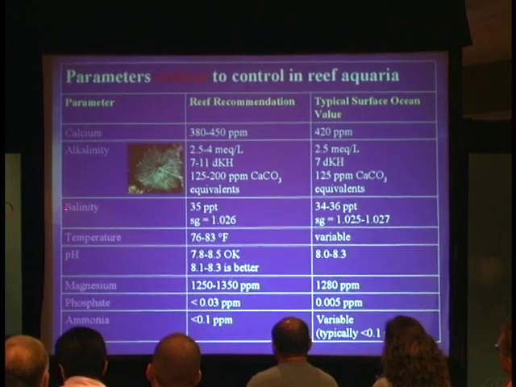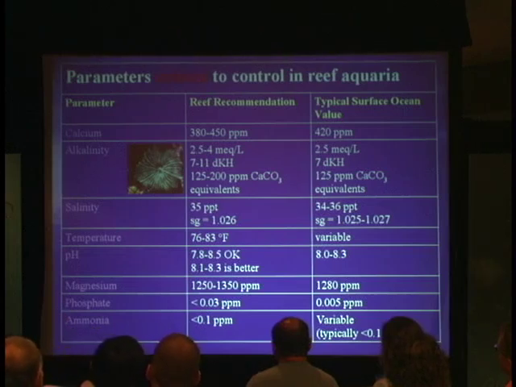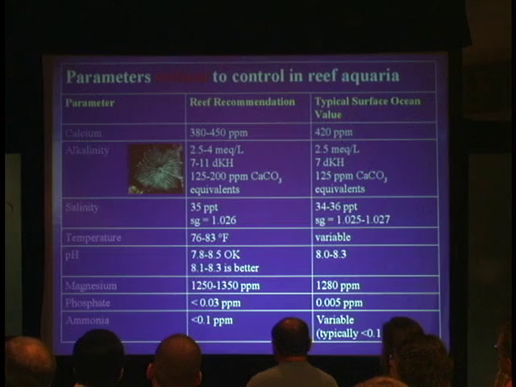Then there are particular other things that I think are also very important: the salinity, the temperature, the pH, and then magnesium, phosphate, and ammonia can also be important. These are all the ones that I think are critical. There can be times when something else could be a problem, but I think that most reef aquarists need to at least think about these things in their tank.